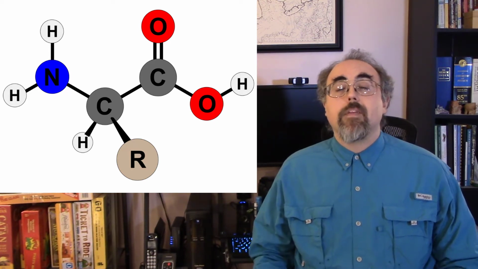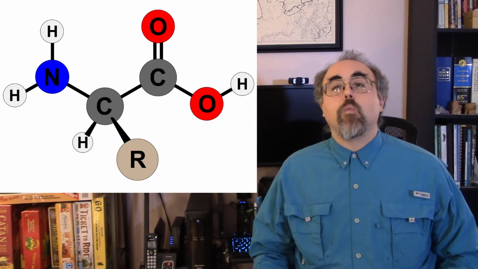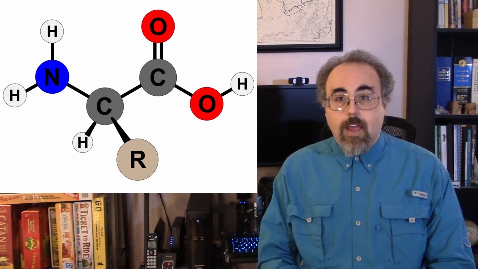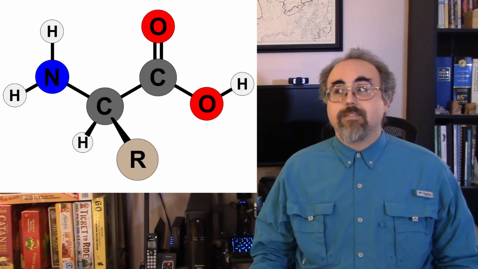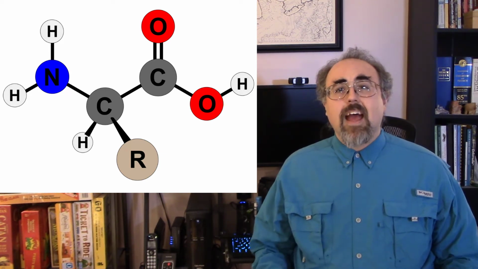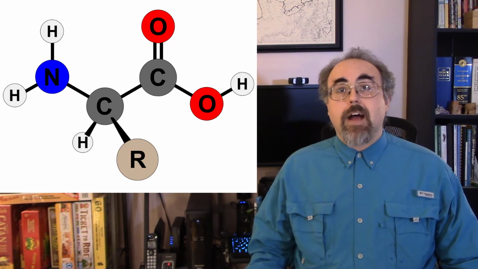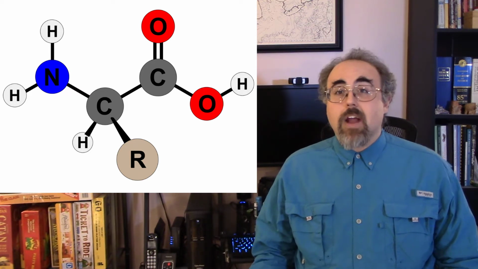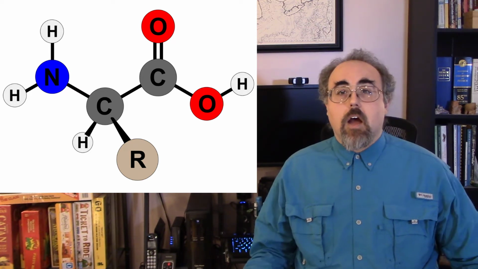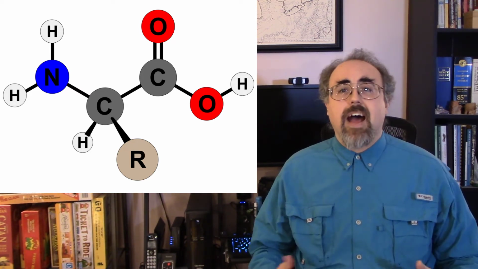On the alpha carbon, there is a hydrogen, and then there is one more thing, what we call the R group. Because remember, in chemistry, R just means other or stuff. Now, the different amino acids differ by what that R group is. It could be another hydrogen, it could be a carbon and some stuff, and it does vary.